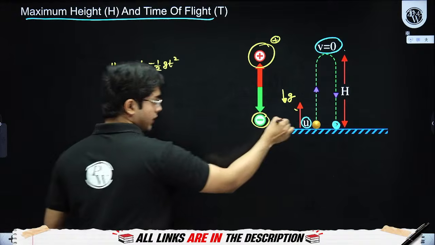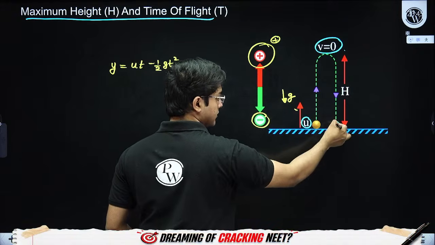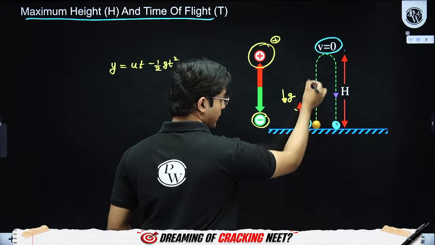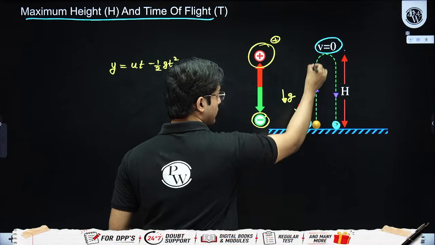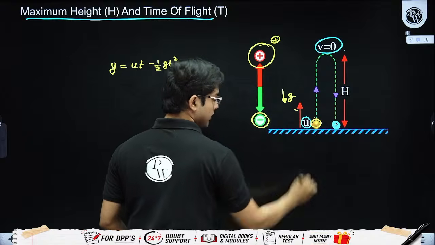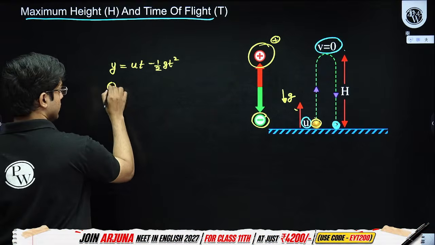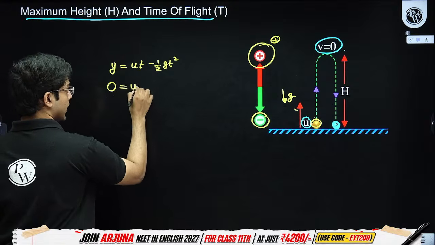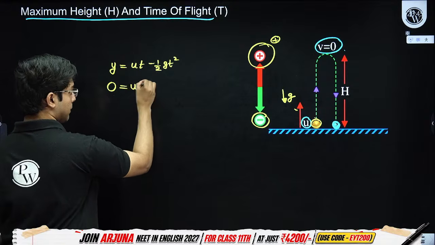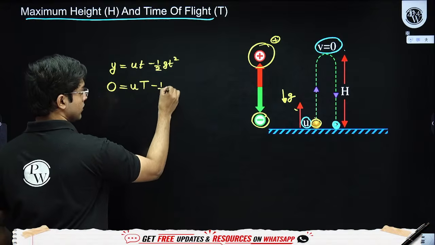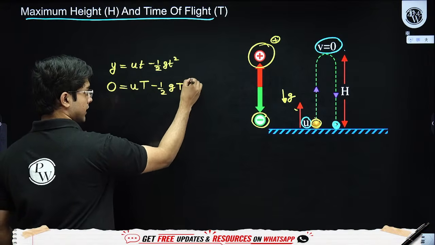Now when it goes up and comes back, the y direction displacement is 0. It moves up and comes back to the same point. So if I do that, and that time of flight I am calling capital T, this is the condition I get.